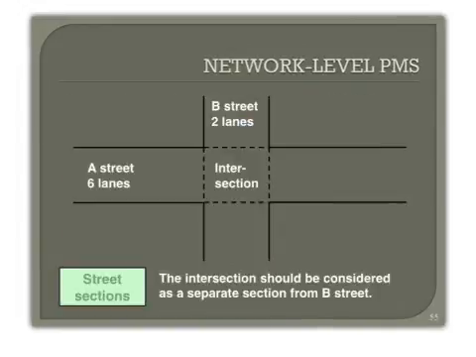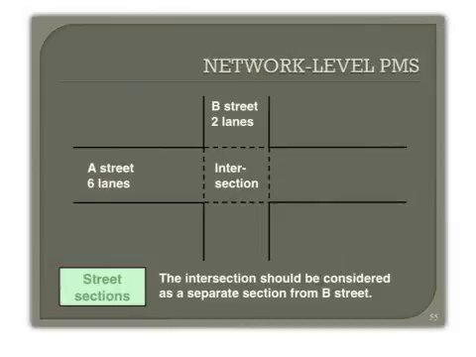How about here? Now let's say this is a street section, and we need to decide whether that intersection is going to be included under street A or street B. So let's take a look and see. Street B has 2 lanes, while street A has 6 lanes.